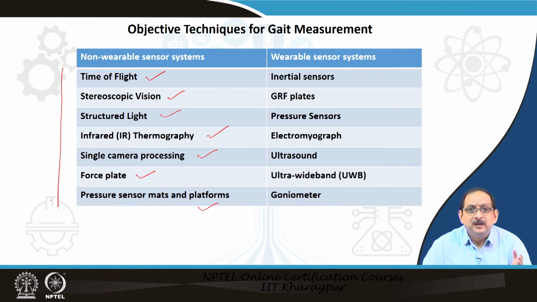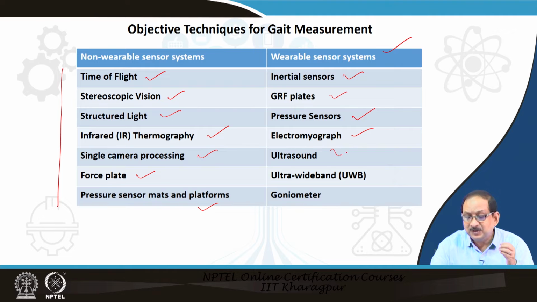However, in case of wearable sensor systems, there is a need to wear a sensor on a patient's body, and these systems can be inertial sensors, ground reaction force plates, pressure sensors, electromyography, ultrasound, ultra wideband, and goniometer.